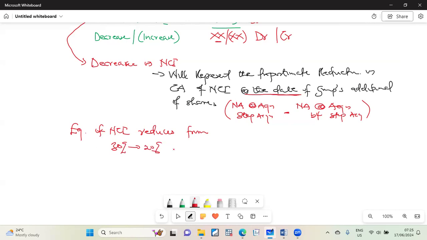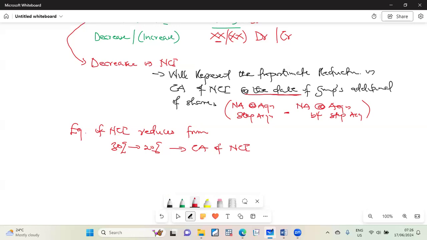If this happened, then we know that we need to find the carrying amount of the NCI, which I've shown you what to do. So the carrying amount of the NCI would therefore be NCI at acquisition plus the NCI share before, all right? So that is that.